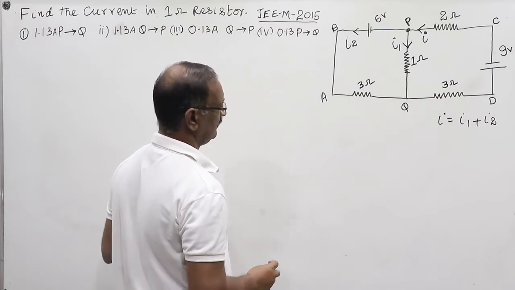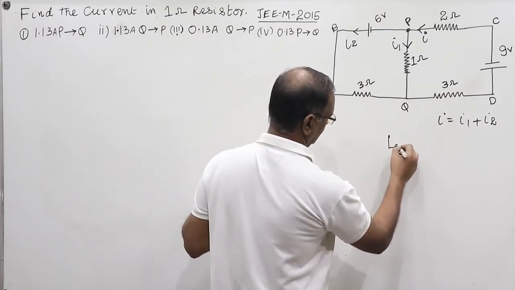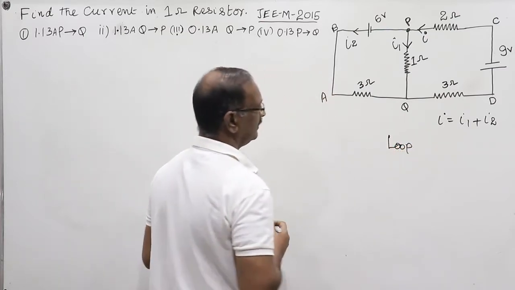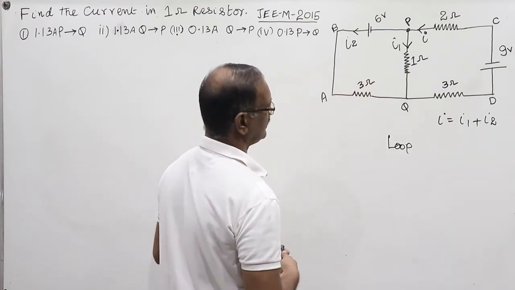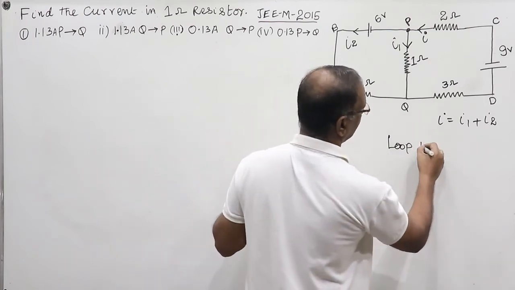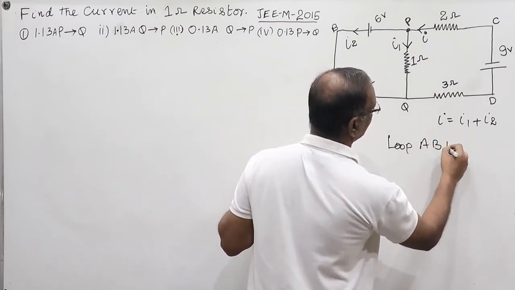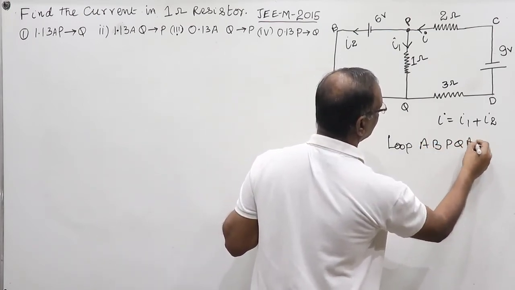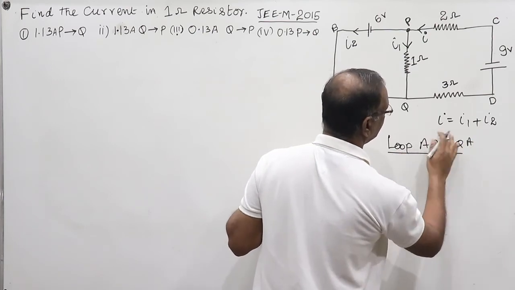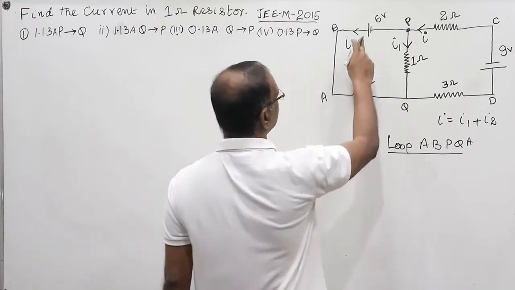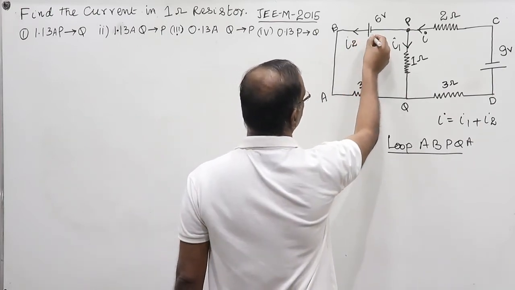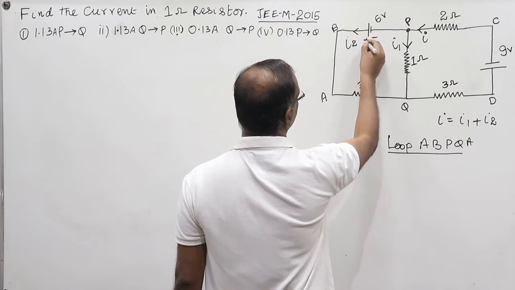Now we will take the loop. Because there are two variables, we need two equations. First, let's take the loop A, B, P, Q, A. It means we are moving from A to B, B to P, P to Q, Q to A. Since the current is flowing this way, for this battery this is plus and this is minus.